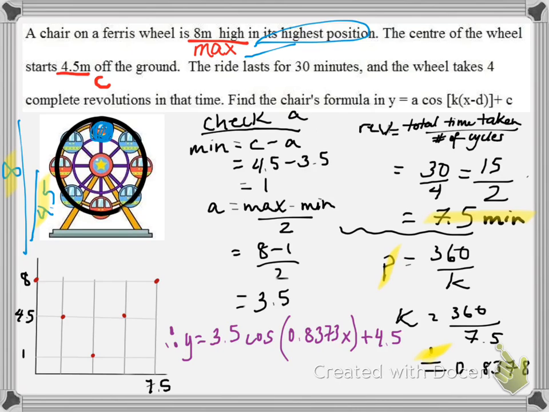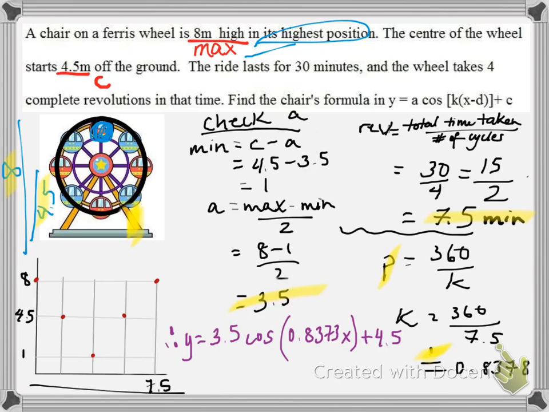But a way to check it is to calculate the min, which is the vertical shift minus the amplitude, which is 1. And then when you take the max minus the min over 2, which is the normal formula for calculating amplitude, you get 3.5.